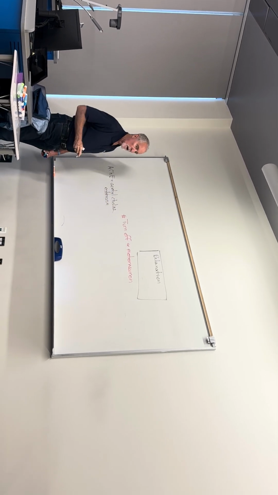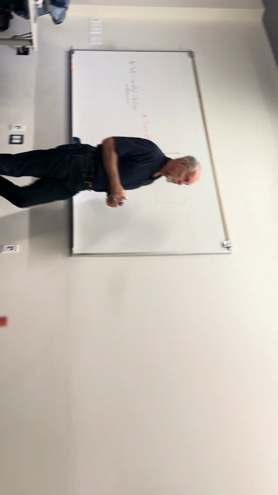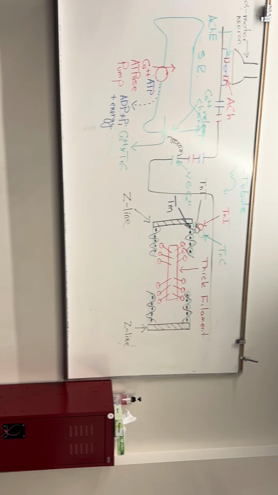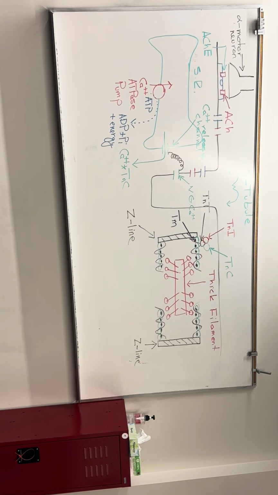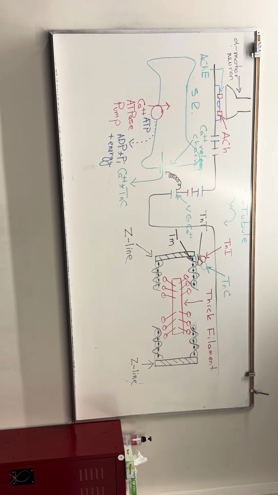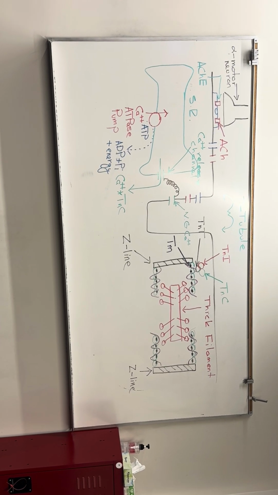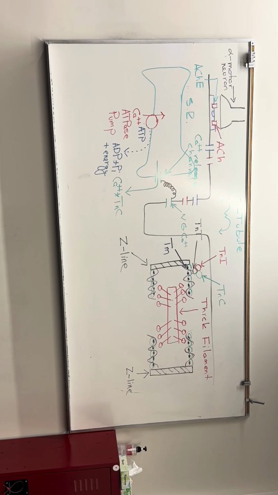And it breaks down the molecule of acetylcholine. So now we have removed acetylcholine from the alpha subunits. That then causes the ion channel of the acetylcholine receptor to close.